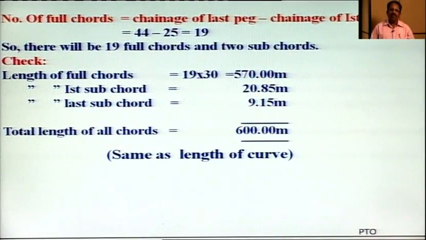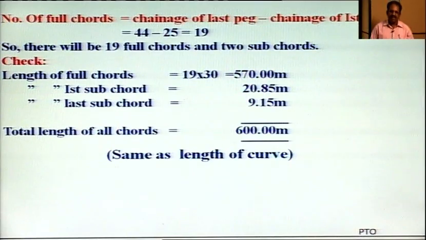The number of full chords is the chainage of the last peg minus the chainage of the first peg, so 44 minus 25 comes out to be 19. So, there will be 19 full chords of 30 meters and 2 sub chords, which we have just calculated.